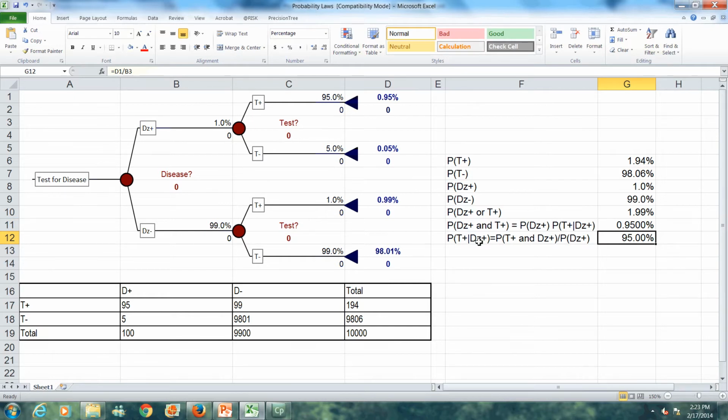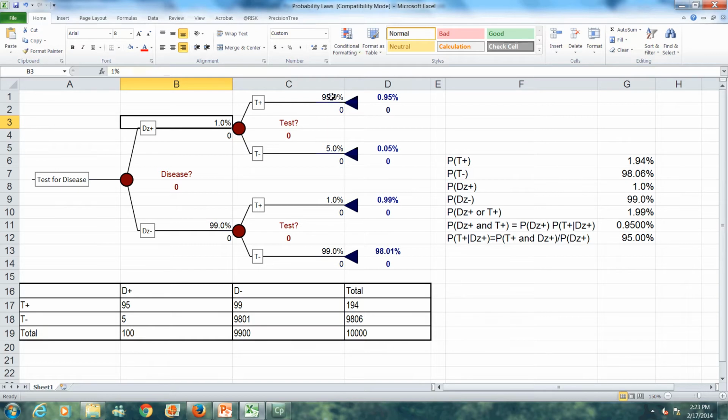The probability of being disease positive is right here. Notice in our model in column C, here I have test positive, but it's preceded by this. So this is telling me this event has already happened. I already know this person has the disease.